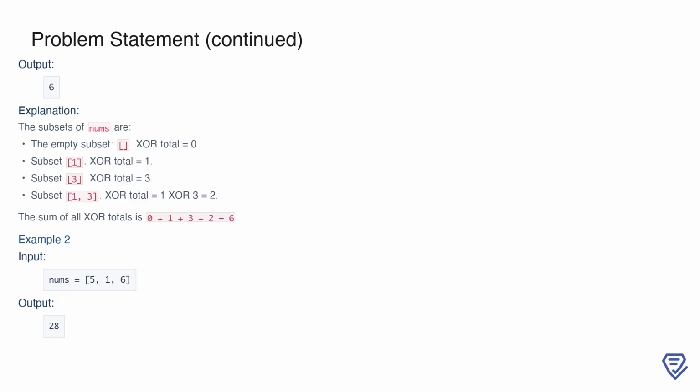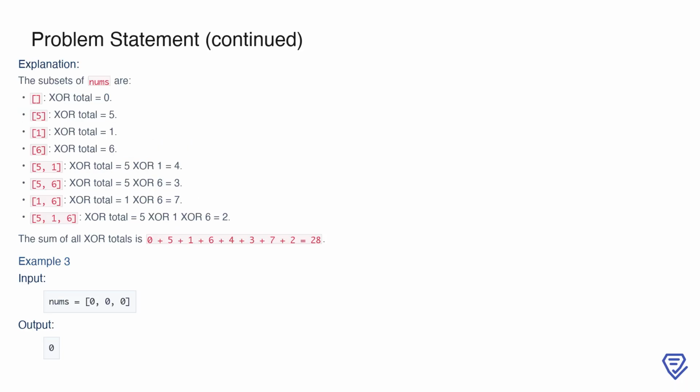Another example is when nums is 5, 1, 6. The output here is 28, and we'll break this down further in the next section. For the second example with nums equals 5, 1, 6, we calculate the XOR totals for all subsets of the array. Starting with the empty subset, its XOR total is 0.